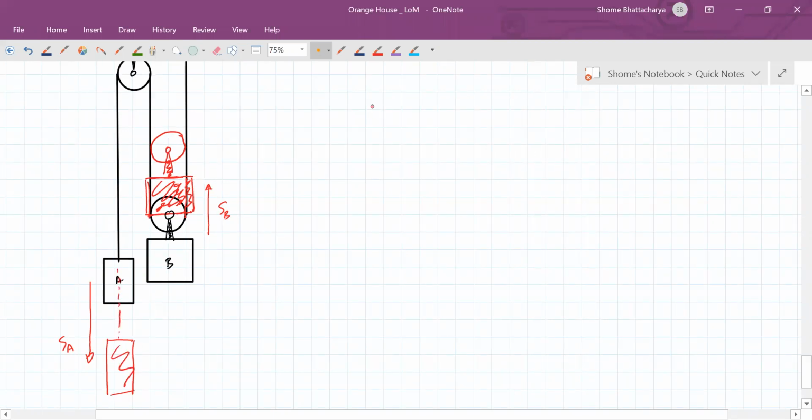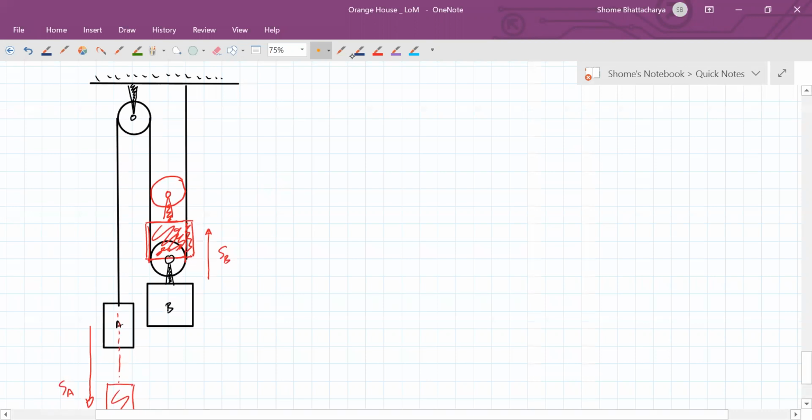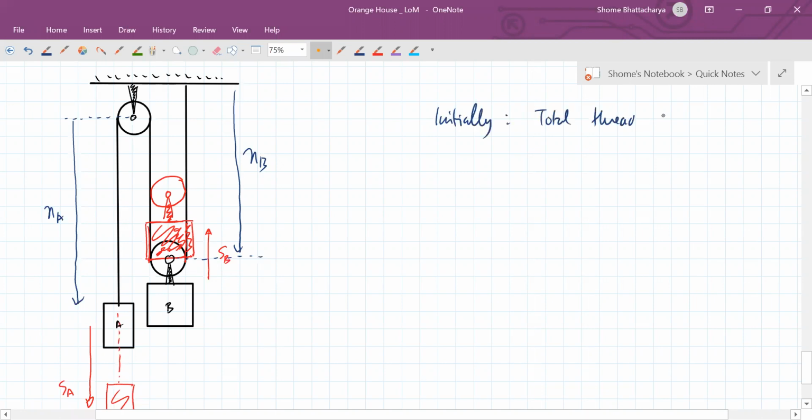So what you will see is that as a result of these displacements, अगर ये डिस्टेंस पहले मेरा XA था, ठीक है, और ये डिस्टेंस मेरा XB था. So initially the total thread length was how much?